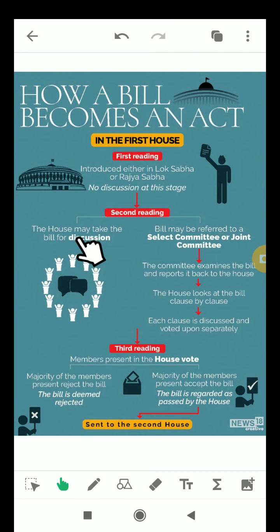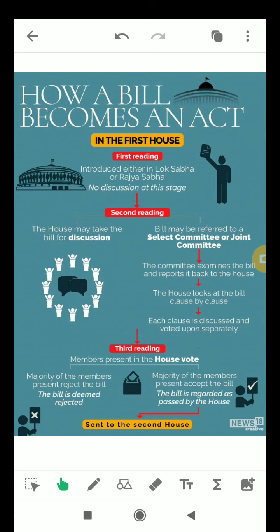Second reading: the house may take the bill for discussion, or the bill may be referred to a select committee or joint committee. Then the committee examines the bill and reports it back to the House. Then the House looks at the bill clause by clause. Each clause is discussed and voted upon separately.